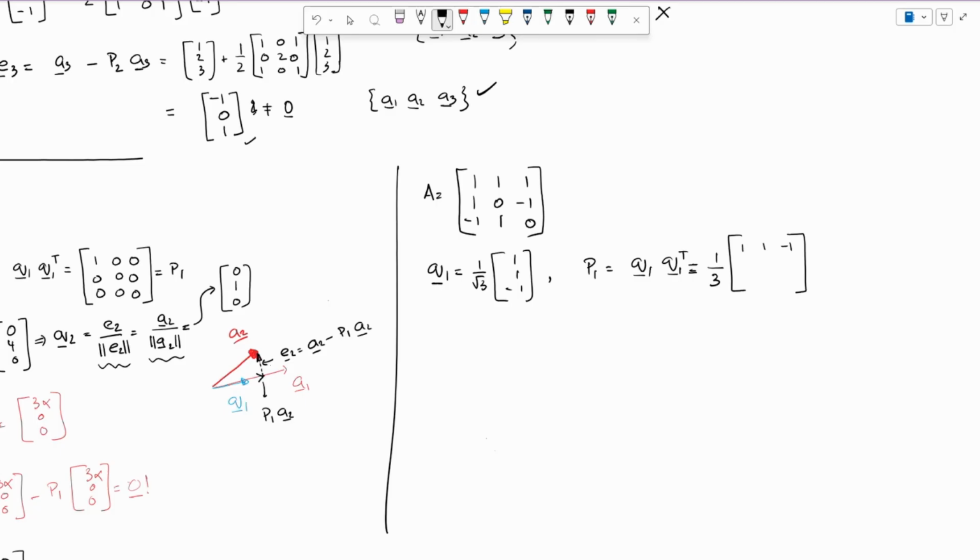One, 1 minus 1. Okay, now let's compute E2.